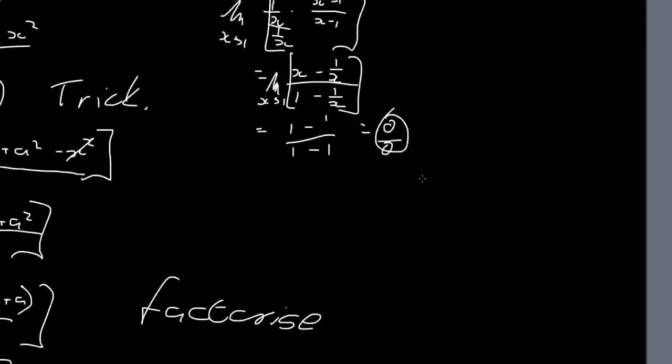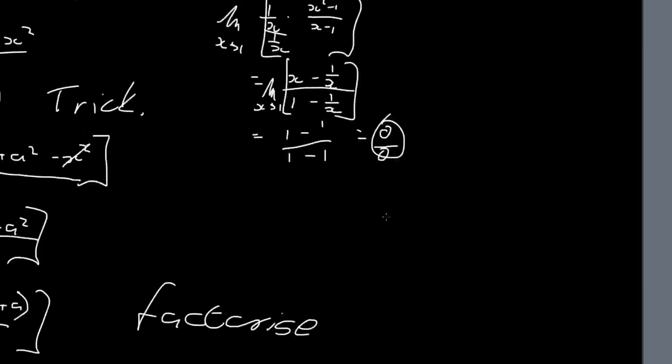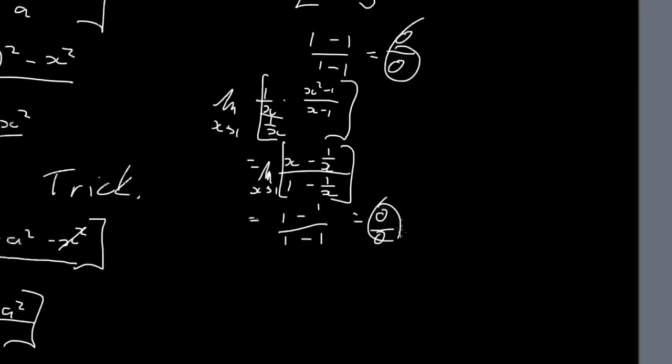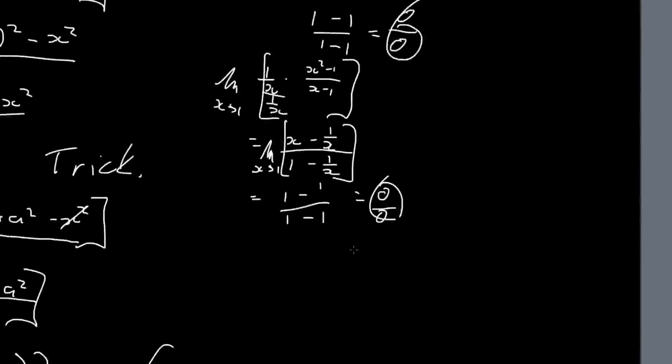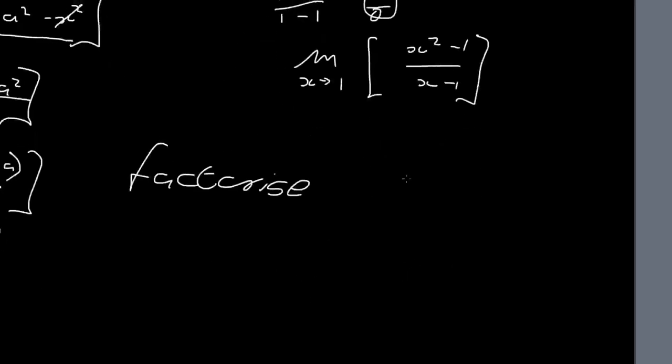So then we can try factorizing and multiplying out, which is our last trick. So the limit as x tends to 1 of x squared minus 1 over x minus 1. Let's factorize the top. You need to carry that limit on the outside.